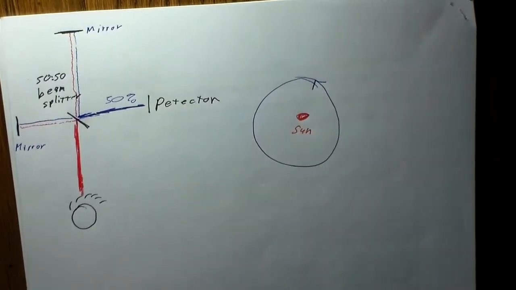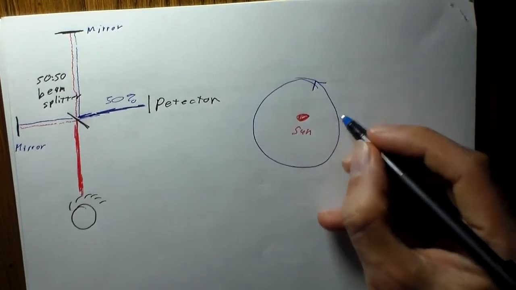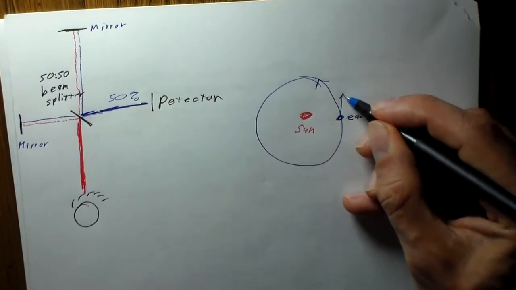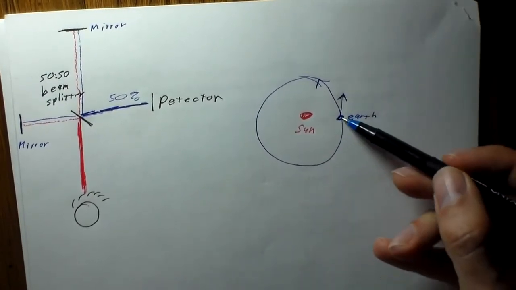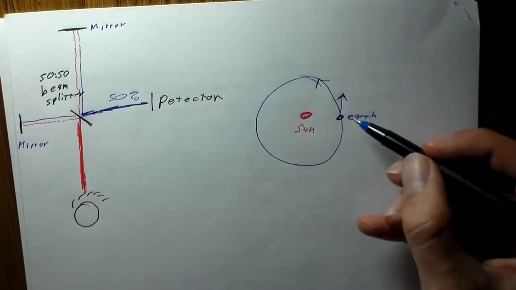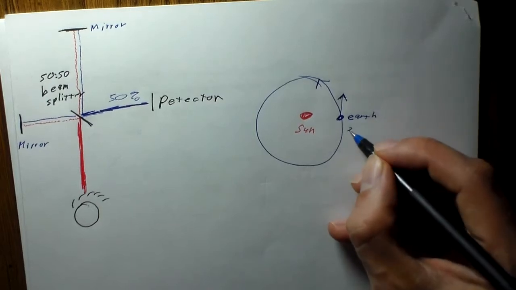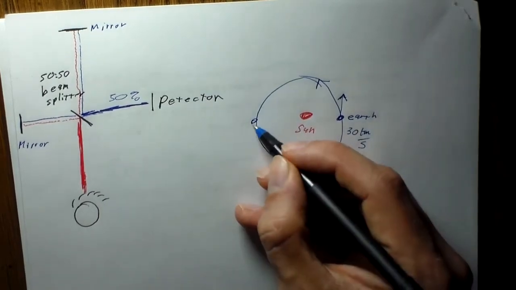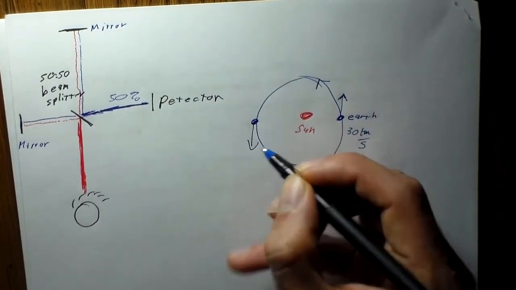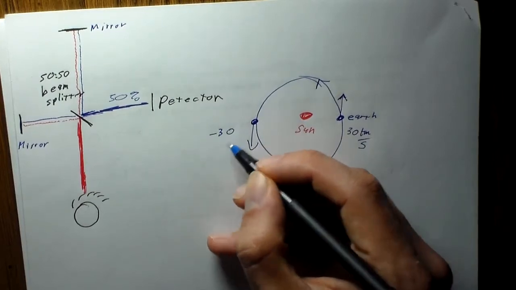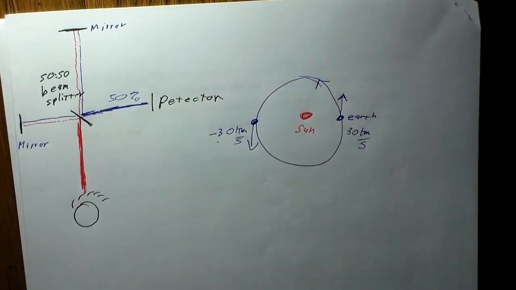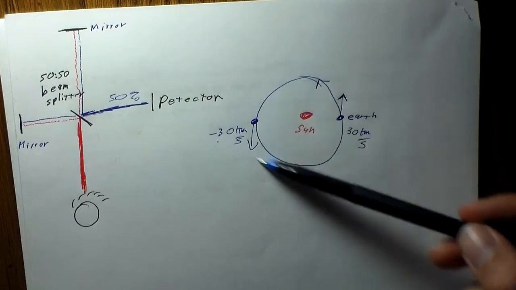So that was known back in the 1800s, of course. So the Earth here is going and here you can say this is January, this is June. So the Earth is going here about 30 kilometers per second. And then down here, 6 months later, it's now going to be heading the opposite direction, so negative 30 kilometers per second. This is the speed of the Earth.